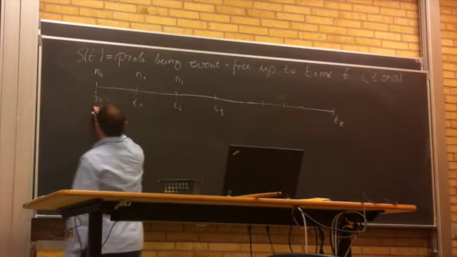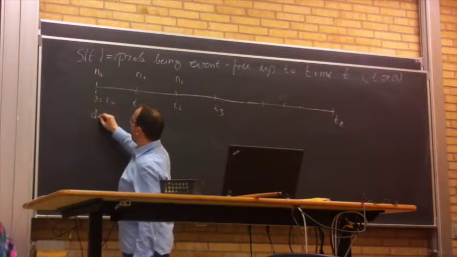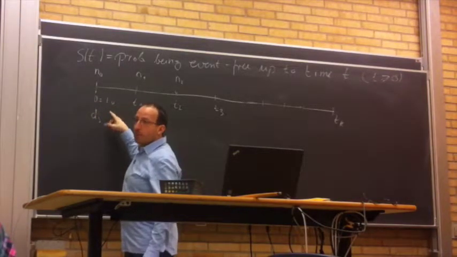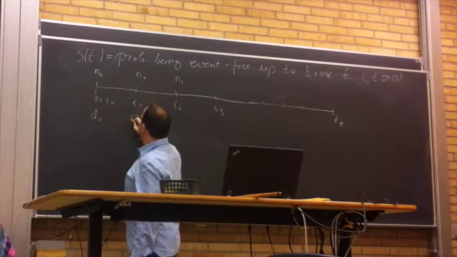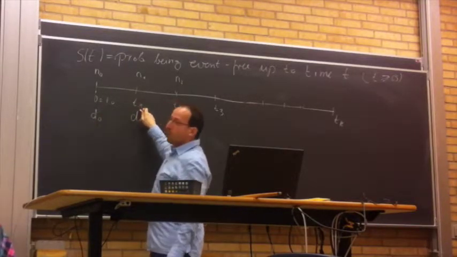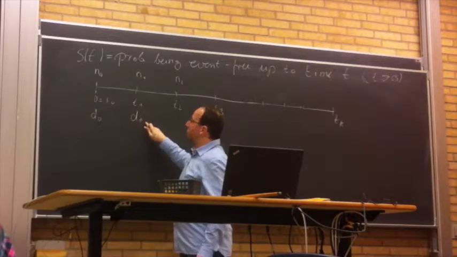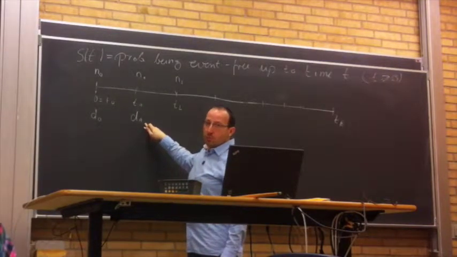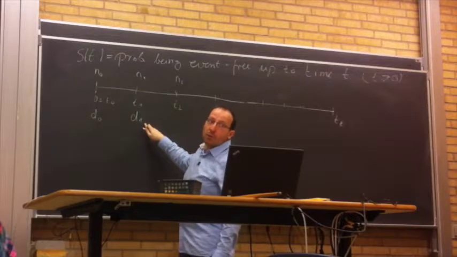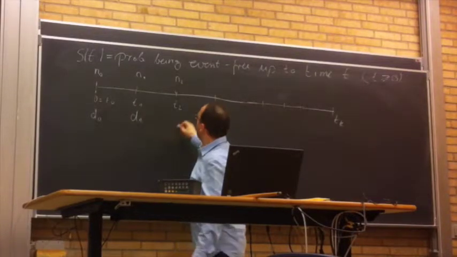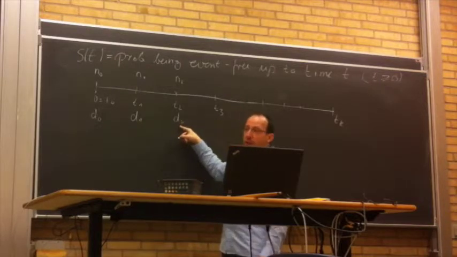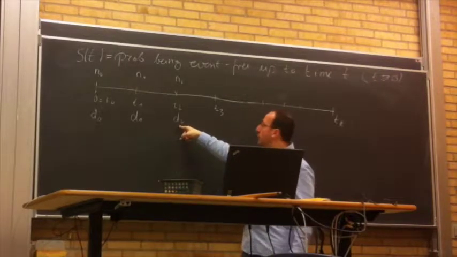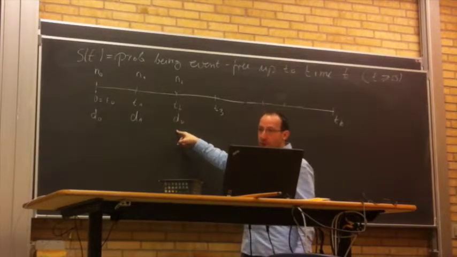So at each time point, you count the number of events at this concrete time point. So at time t1, there are d1 patients who relapse, or where the event of interest occurs. At time point t2, there are d2 patients who relapse, or d2 patients where the event of interest occurs, and so on.